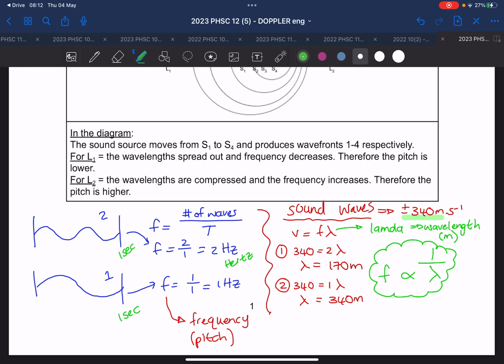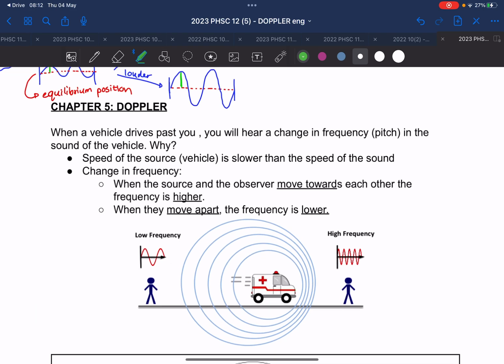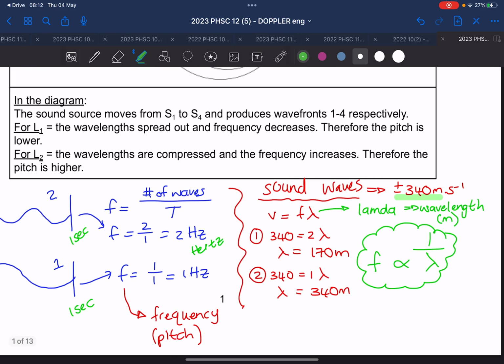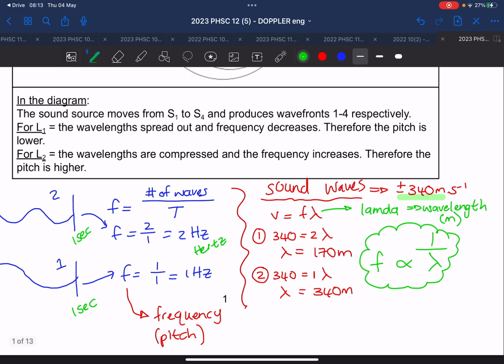But it's normally around about there. That has to do with the air pressure. The air pressure will influence the sound a bit. So that is the speed of sound, more or less, in air.